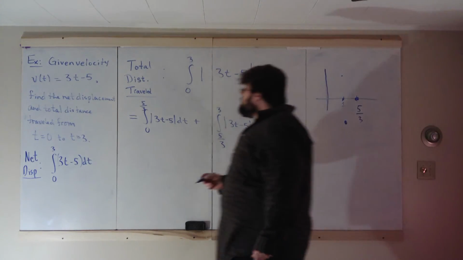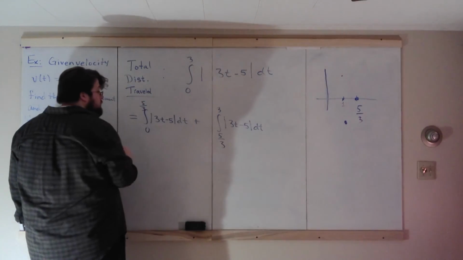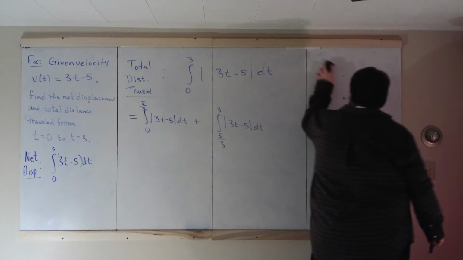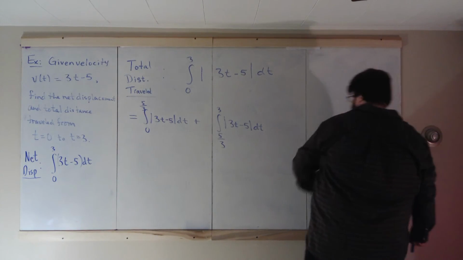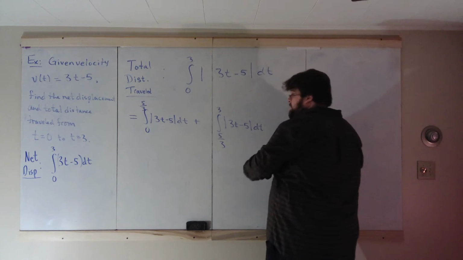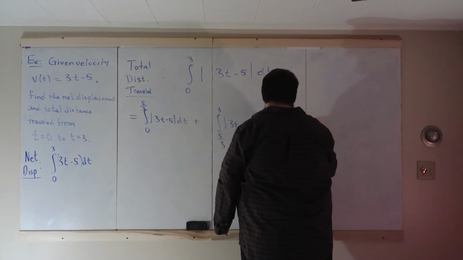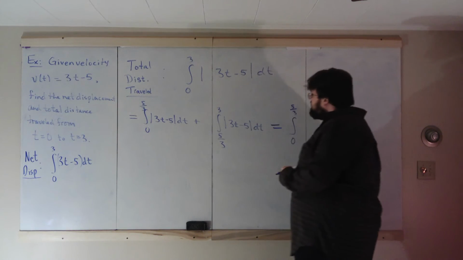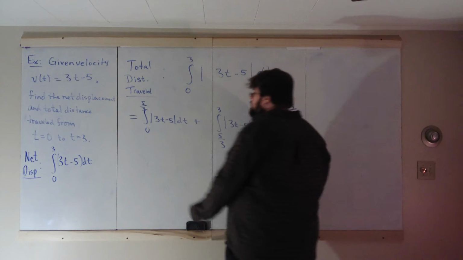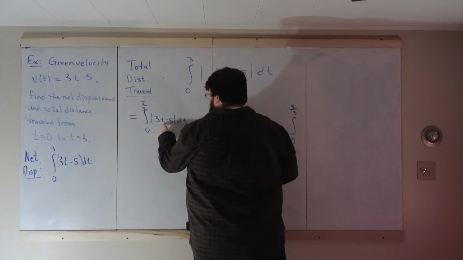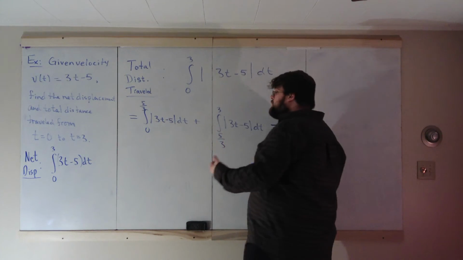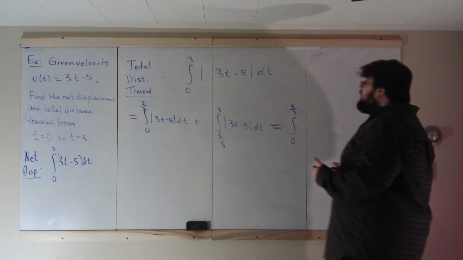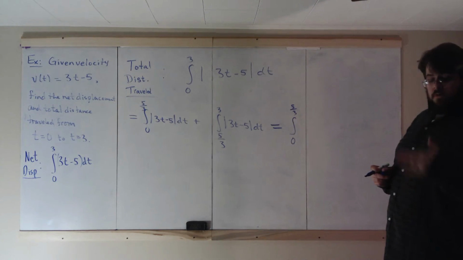So 3t minus 5 at 1 is negative 2. So it's negative. So that tells us on 0 to 5/3, this line, 3t minus 5, is below the x-axis.